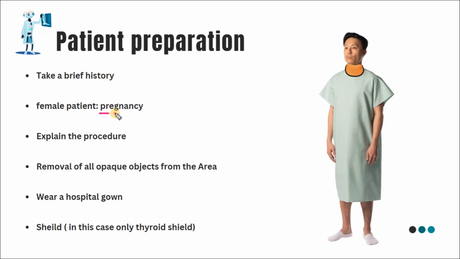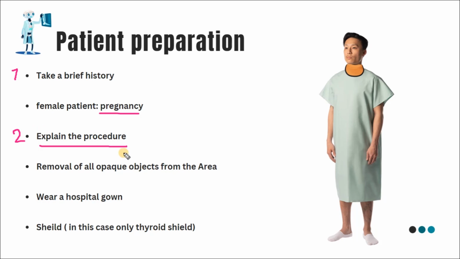Also check the pregnancy status in case you have a female patient. Explain the procedure to the patient. Remember, do not just go through the procedure mechanically. As a healthcare professional, you need to communicate with your patient. So, number one, take history. Number two, explain the procedure. Asking questions and giving information are the two main parts of patient communication.